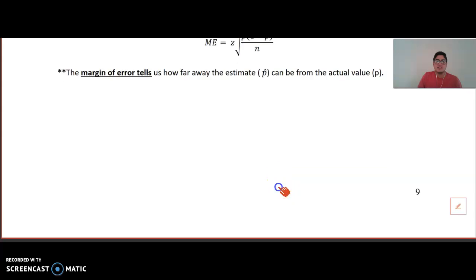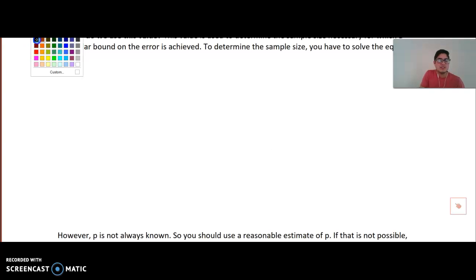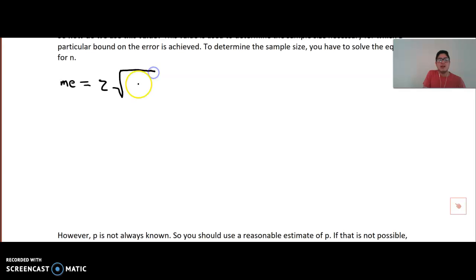We'll do that in order to solve for the correct sample size. So suppose we have our equation there, and let's get ready to do our algebra skills. Our margin of error equals z star times the square root of p times 1 minus p, all over n. We need to solve for n.